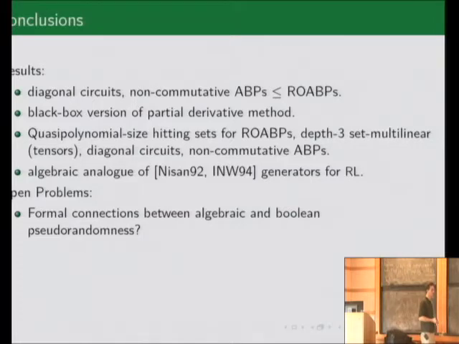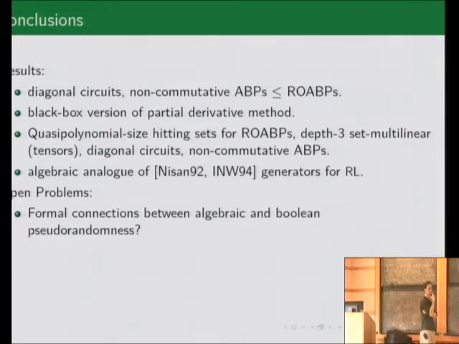Right, but there is the issue that if you have a width 2 to the S branching program, then the hitting set will be... I think you're right. If you could use this pseudorandomness generator for the Boolean thing, you'd get a different result.